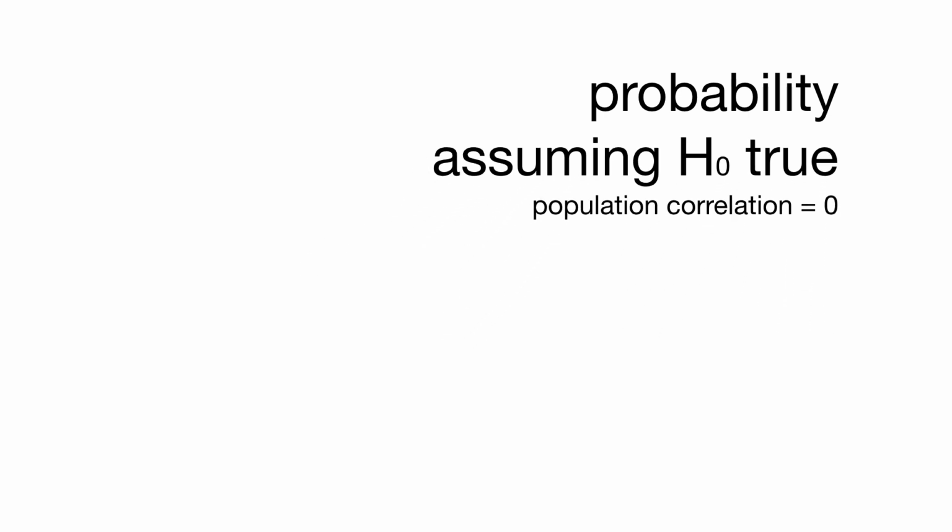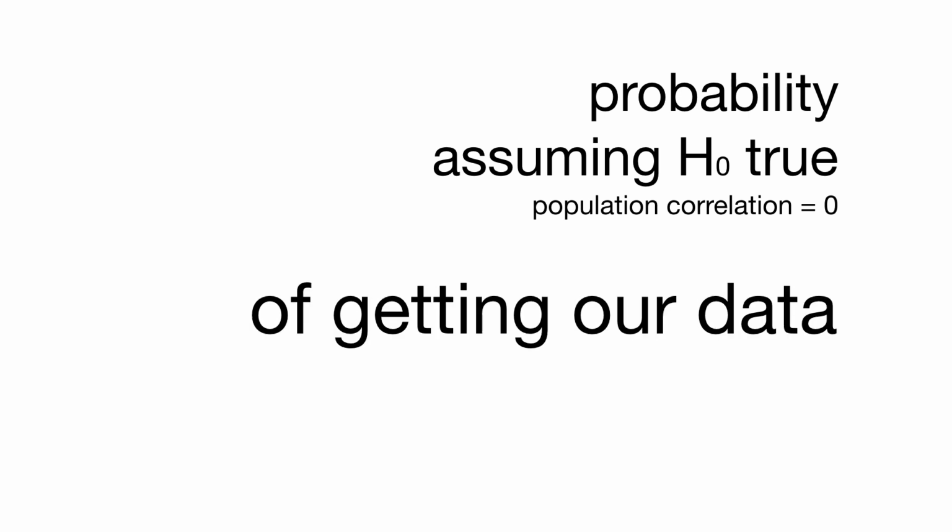Now we can interpret the null hypothesis significance test by considering the p-value or sig. As mentioned in the previous nugget, this is a probability that assumes that the null hypothesis is true, i.e. that the population correlation is equal to 0. This is the probability, assuming H0 to be true, of getting our data or more extreme.